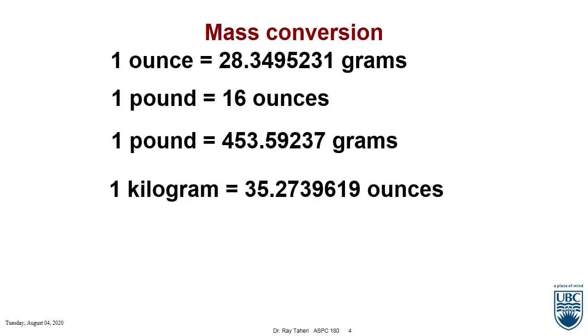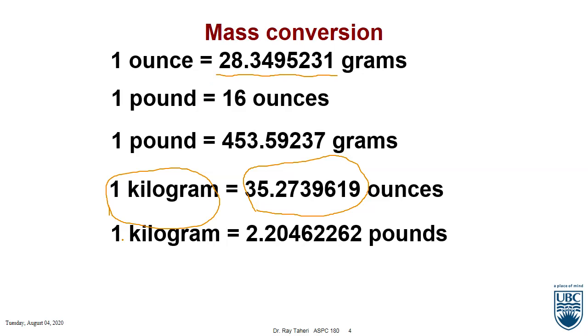Next is the kilogram. By the same conversion, you can divide 1,000 grams by 28.349, and this number, which is obviously not an integer, is how many ounces are in 1 kilogram.